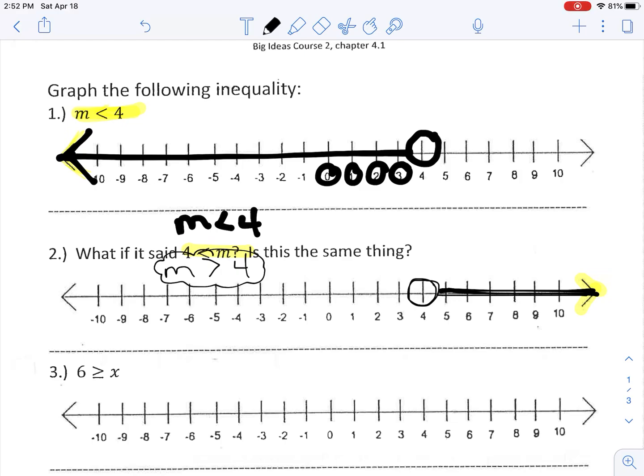So let's say that your coach says in order to pitch in the season opener, you have to throw more than 4 pitches at practice this week. Well, more than 4 has to be at least 5. So that means your coach is really looking to see 5 or more strikes thrown. So 4 would not be included, so that's going to stay an open circle.